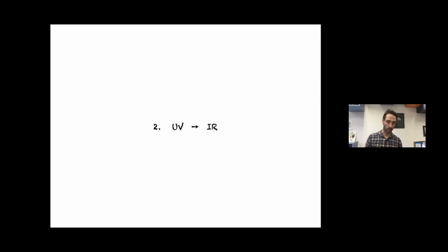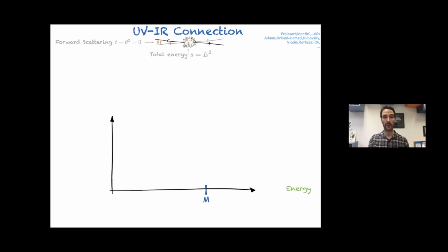So the tool to answer this question and actually paint the map of quantum field theory, I'm going to introduce now, and it is this tool of dispersion relations. Many of you might be familiar with this.